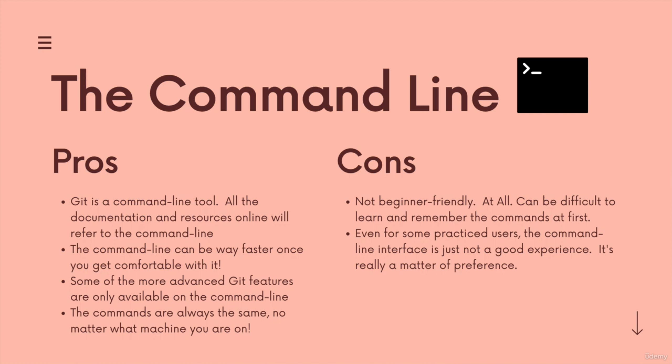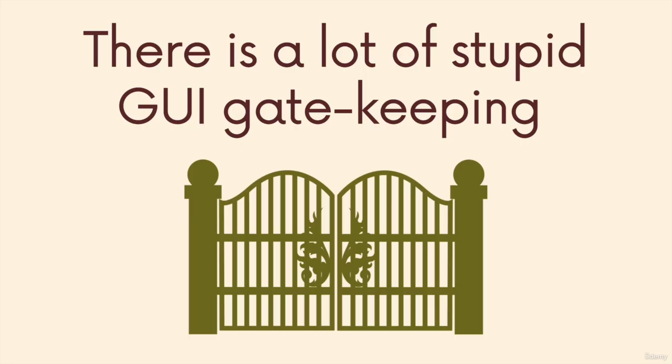The commands are always going to be the same from one command line to the next, assuming you're using a Unix-based shell. It doesn't matter whose machine you're on. The commands are consistent, and Git is created as a command line tool. So all the documentation, tutorials, resources, they're all oriented around the command line. So there's a lot going for both sides.